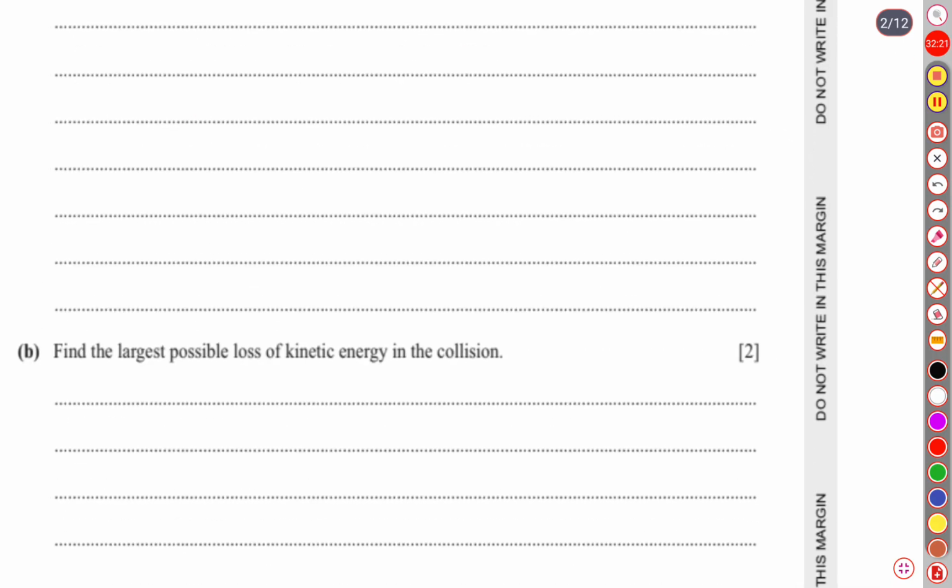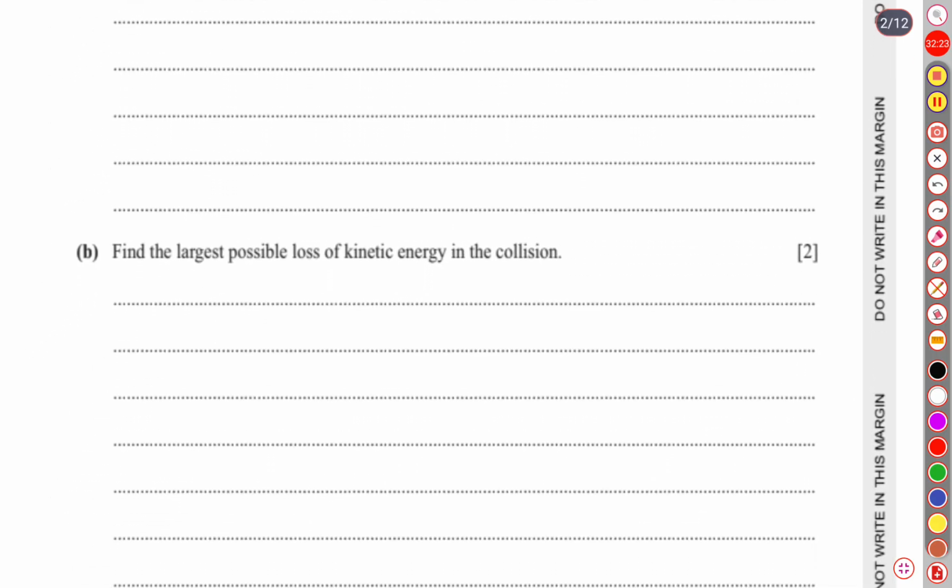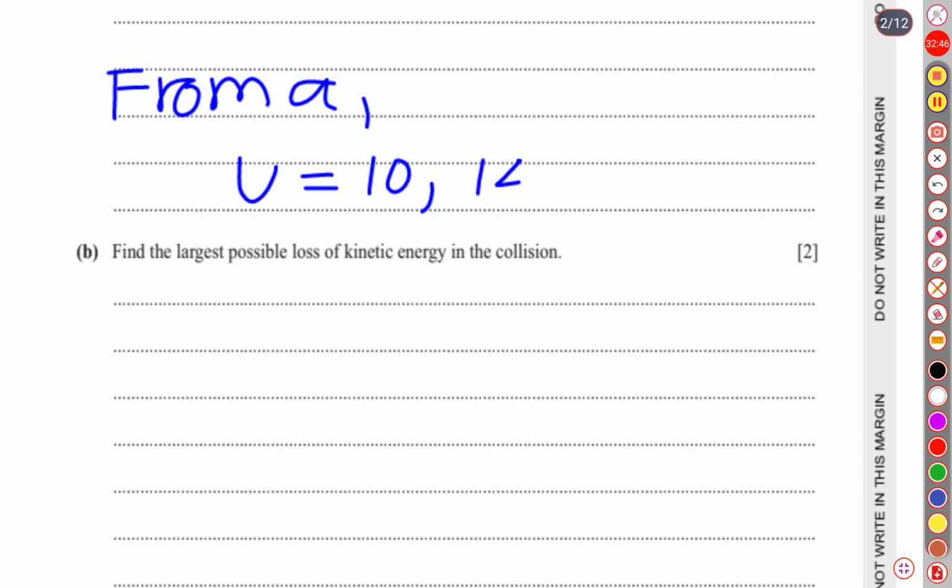u is equal to, let us write here, from A our u is, there are two values obtained in A. One was u is equal to 10 as well as 14 meter per second.